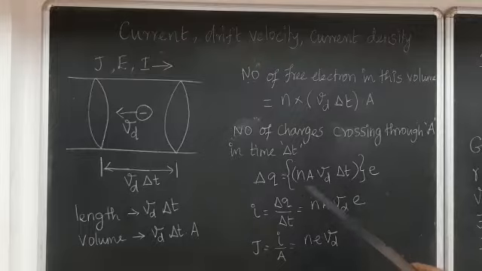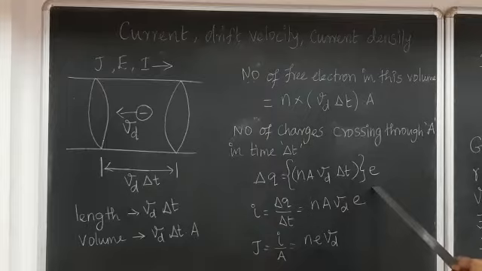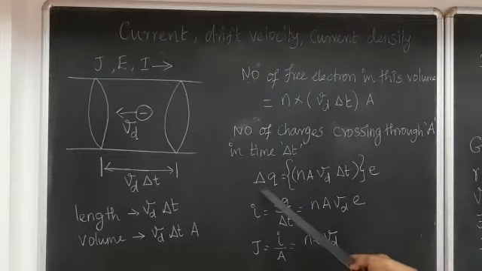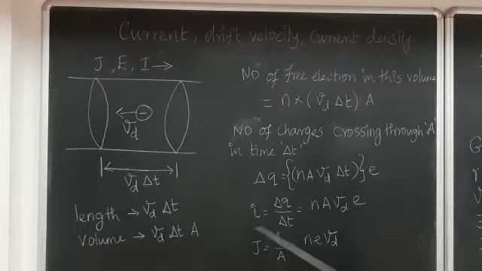Why do we write it like that? Because this factor indicates the number of electrons crossing, and number of electrons into the charge of an electron gives the charge Q. And I is equal to delta Q by delta t, as we know current is the rate of flow of charges.